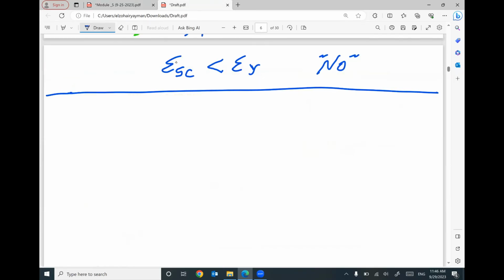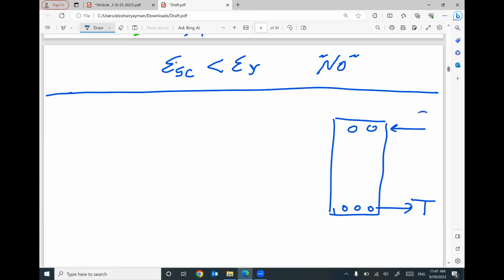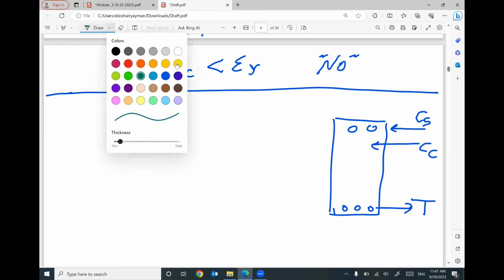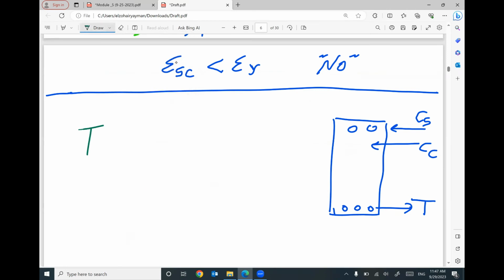So it's very easy. We have steel, a cross section looks like this. I will have tension here, and I will have two compressions, one in steel and the second one in concrete. So I will say for equilibrium, the tension in steel reinforcement at the bottom must equal the compression in concrete plus the compression in the steel.